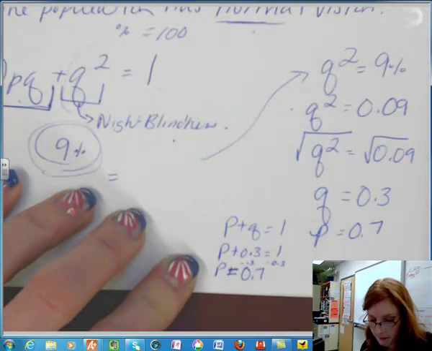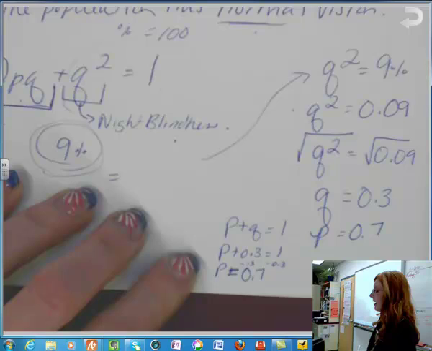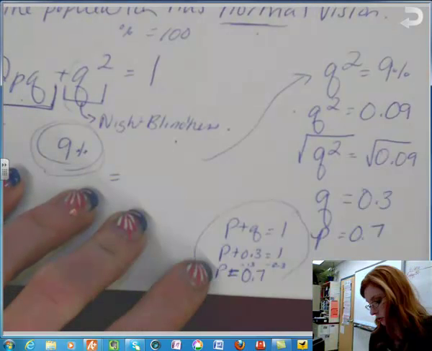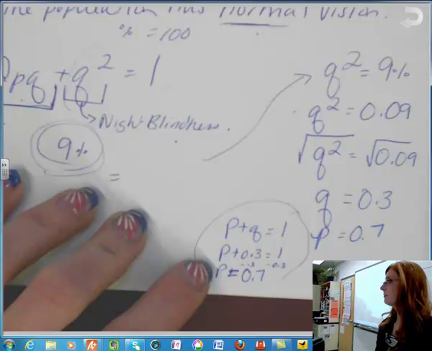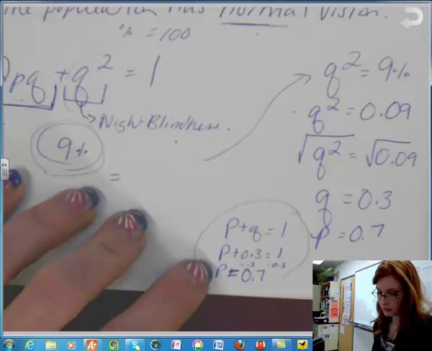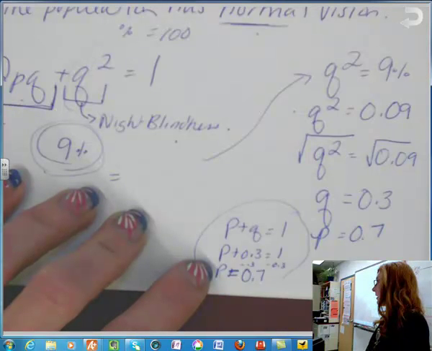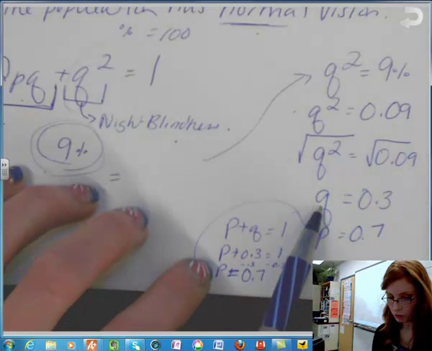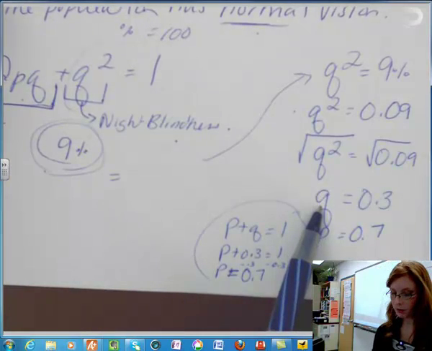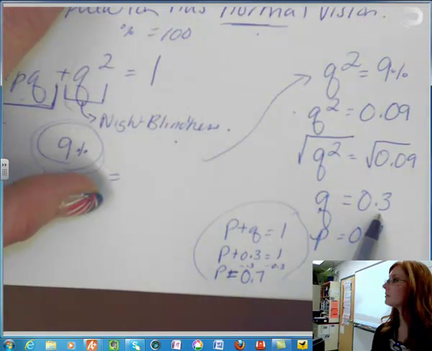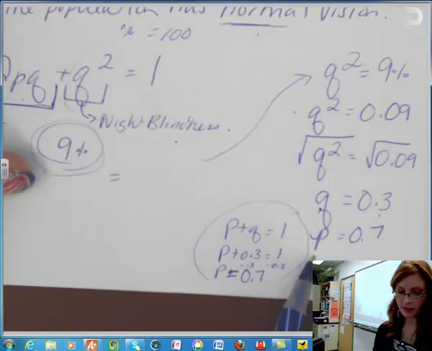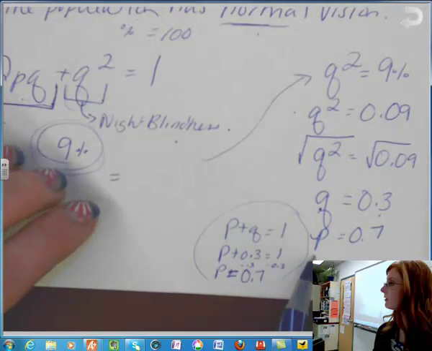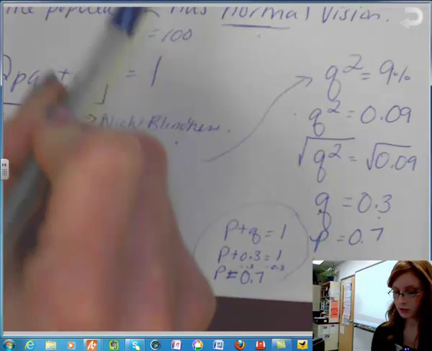Now, do I expect you in grade 12 to show me all that work to get to 0.7? But that's how I figured it out, right? If p plus q equals 1 and q is 0.3, p has to be 0.7 to get to 1. Now, if I have q, I could tell you that the frequency of the recessive allele is 30%. If I said the frequency of the dominant allele is 70%. So you've already answered 2 more questions.